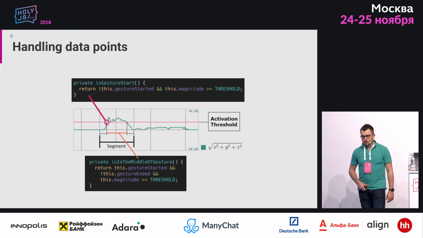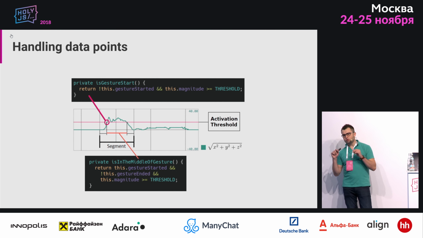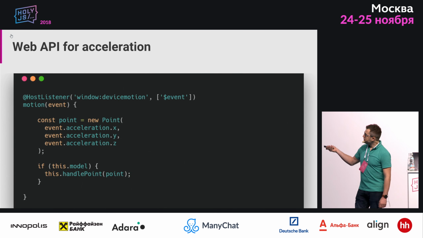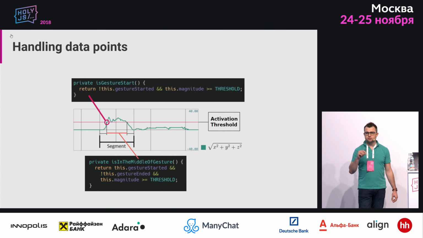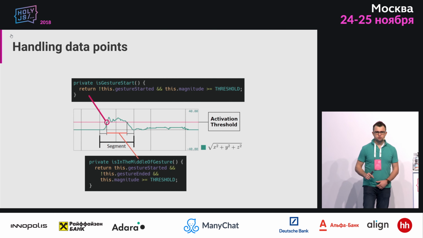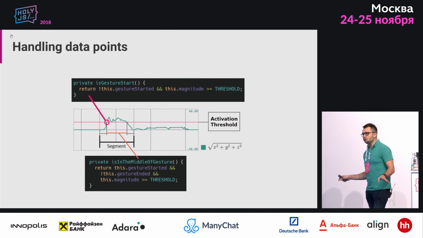What is next? How to implement segmentation. In my case, I wrote so-called marker functions that I was applying over and over to these data points. As you see, this handle point function was trying to guess in which stage of the signal we are: if it's the beginning of the gesture, the middle of the gesture, the end of the gesture, or no gesture at all, right?